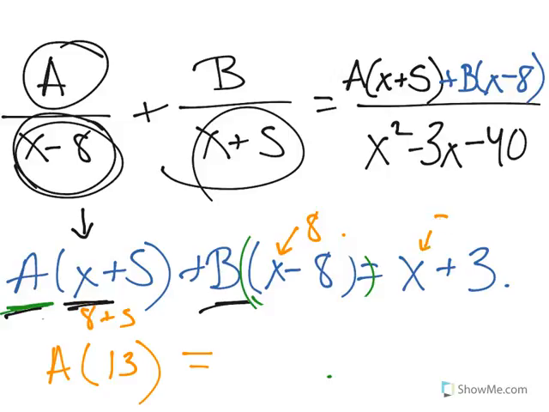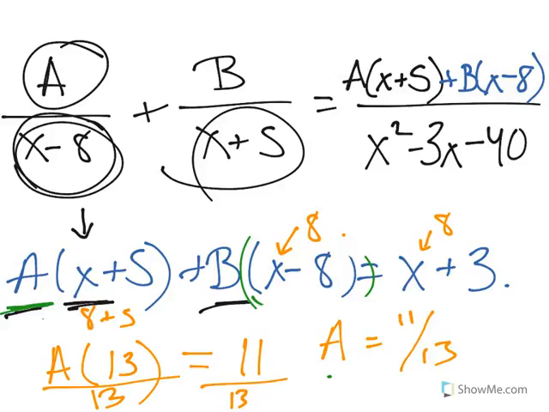And then here plug in the 8 as well, and we get 11. So to solve for a, just divide everything by 13, and we get that a is equal to 11 over 13. So we have found our a right here. So this is 11 over 13.